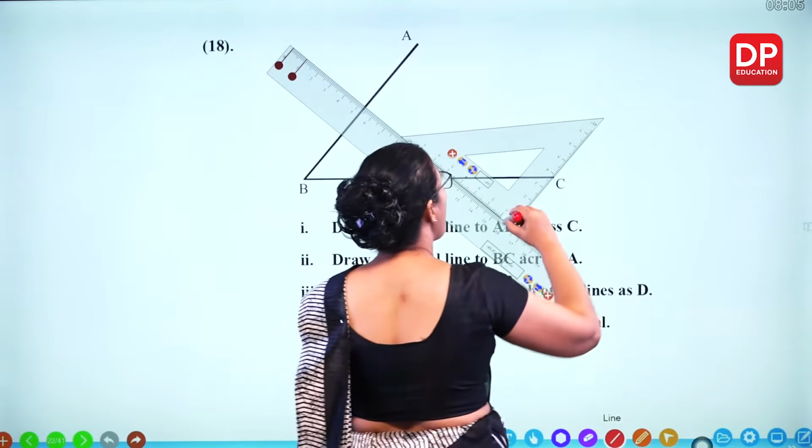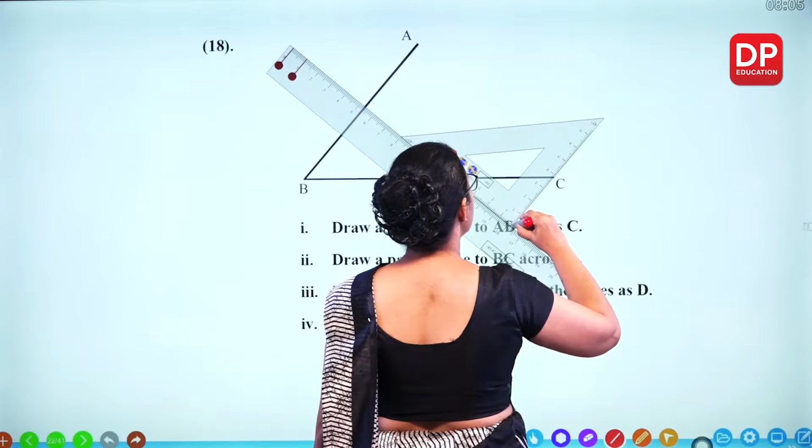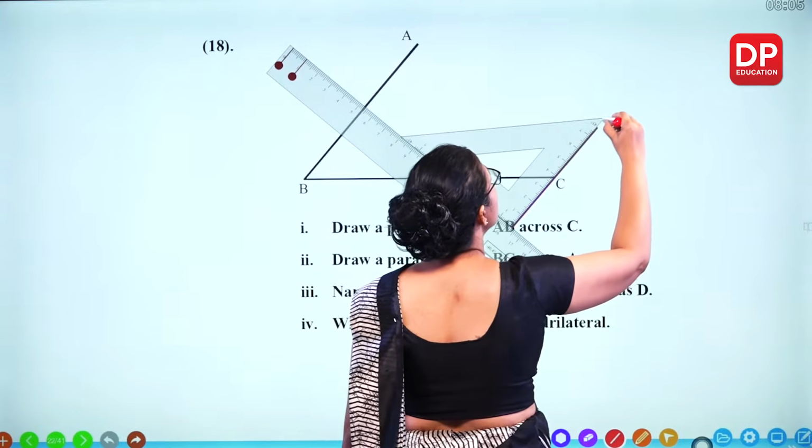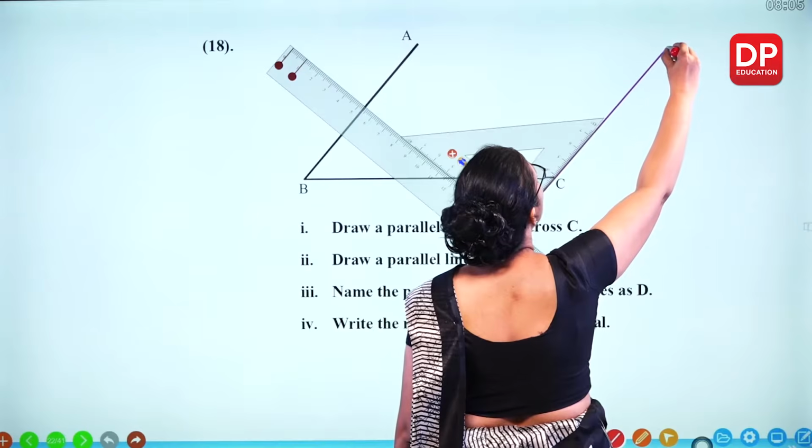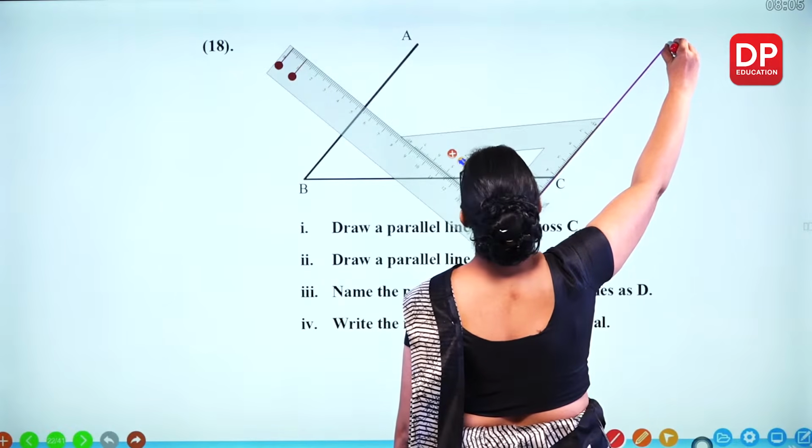We need to draw a big line there. Make sure that you keep the ruler properly and draw the line.